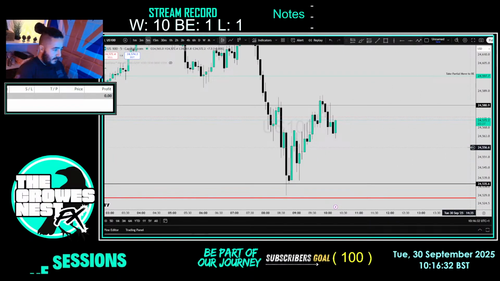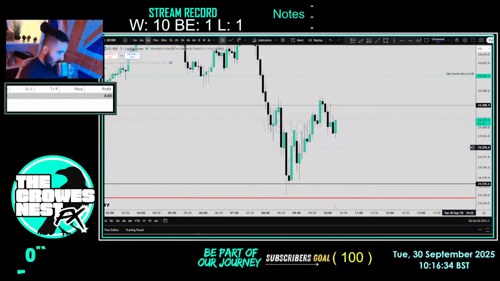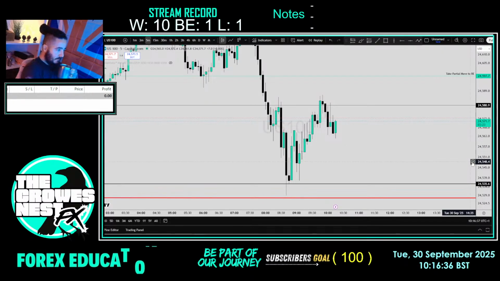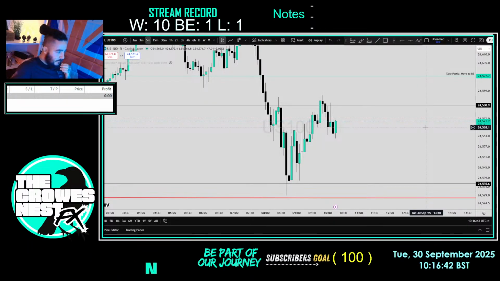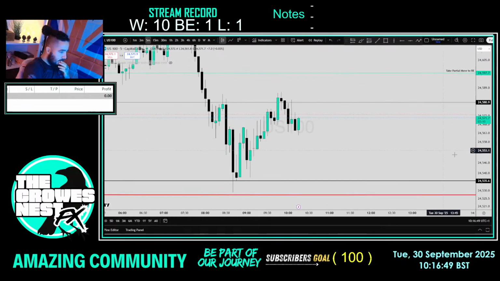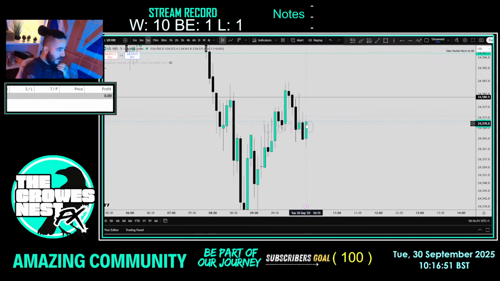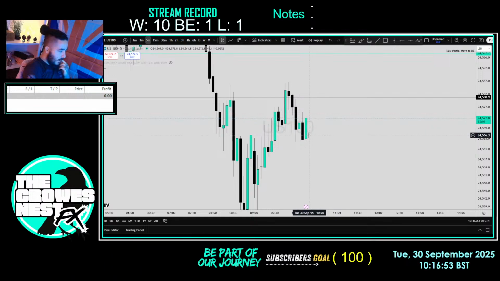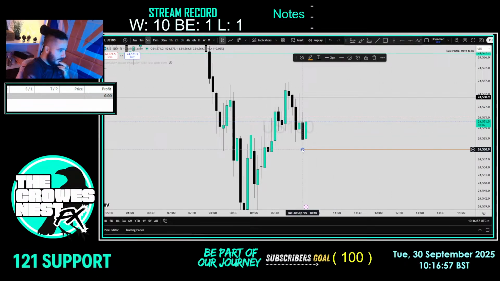Okay, if this 5 closes like this and I get a bottom wick, I'll look for an entry and then stops will just be the low again.